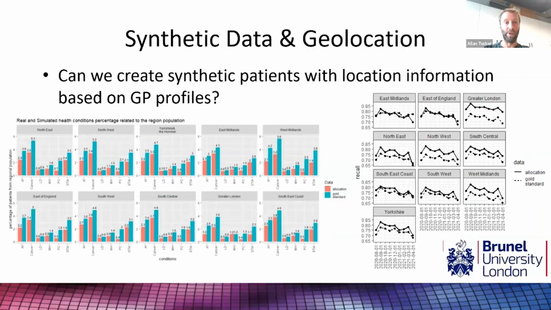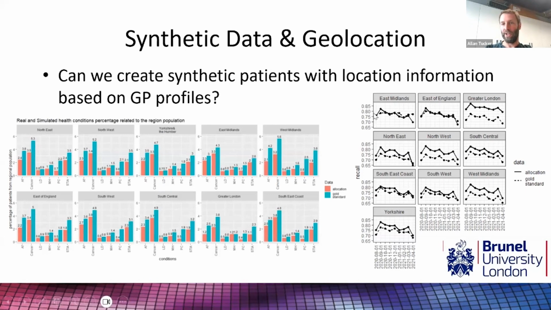And so by allocating them like this, we can then do various things. We can look at the distributions that are actually held within the gold standard data here in green, and our synthetic data once it's been allocated using that aggregated data at the GP level. And we find very similar distributions, not perfect, but enough to make us think that this could be useful in exploring regional disparities of healthcare.